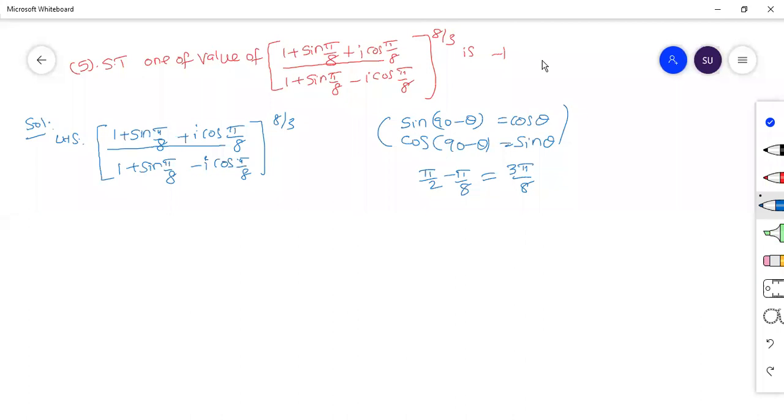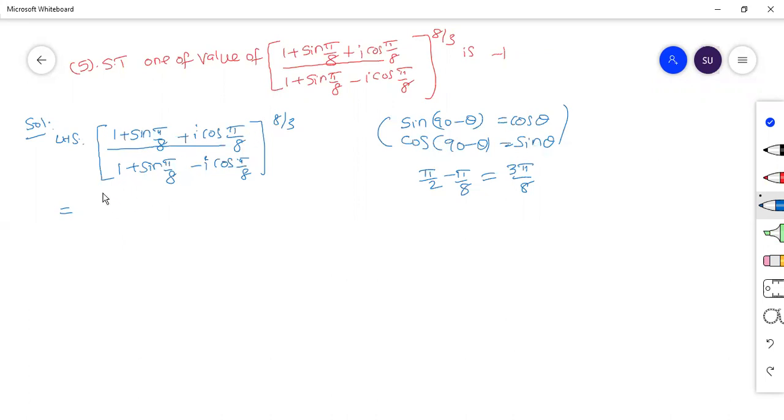So next question: show that one of the values of this whole expression is minus 1. I'm taking the LHS, (1 plus sin pi by 8 plus i cos pi by 8), the denominator also the same, but here it is minus, whole power 8 by 3. So here just use some logic: sin of (90 minus theta) is cos theta, cos of (90 minus theta) is sin theta. That's a basic point.